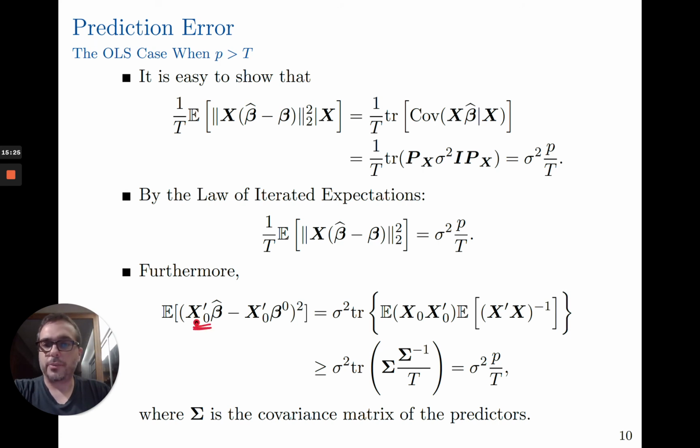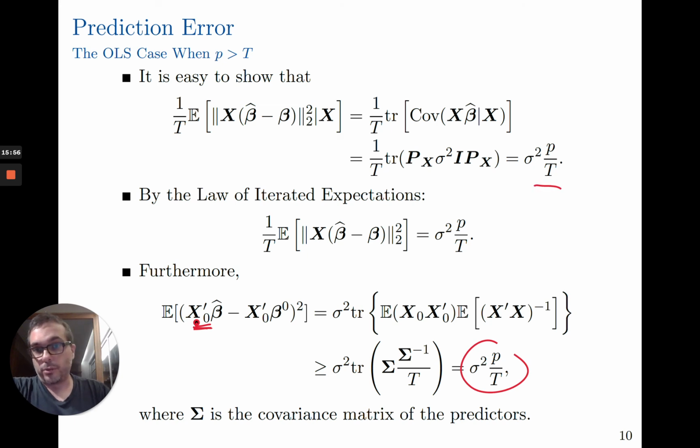Remember, we have this new point x naught, so we can show that this will be given by sigma squared, the trace of the product of these two expectations, and we can lower bound it by sigma squared, the trace of sigma inverse times p over T, where sigma is the covariance matrix of the predictors, which is exactly this bound here.